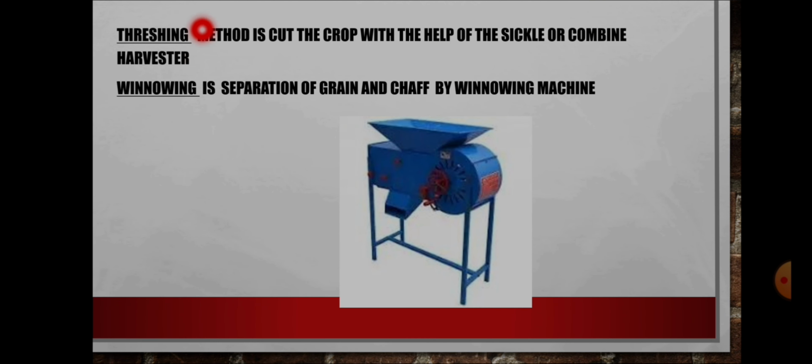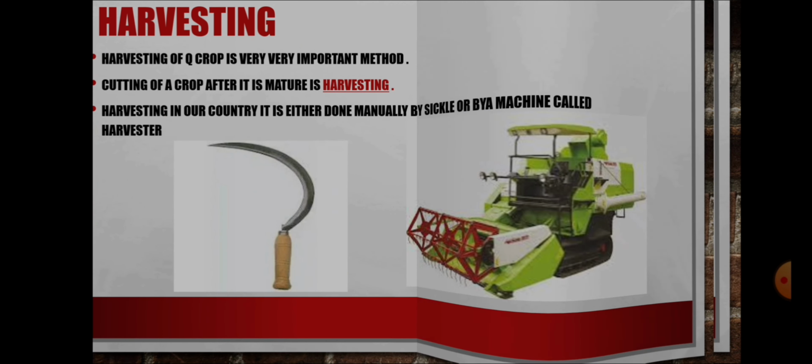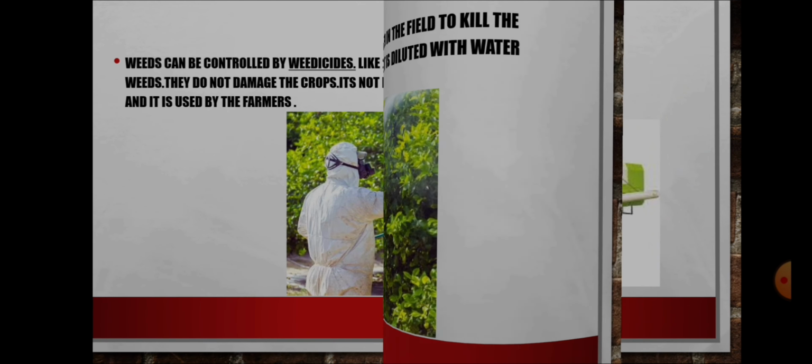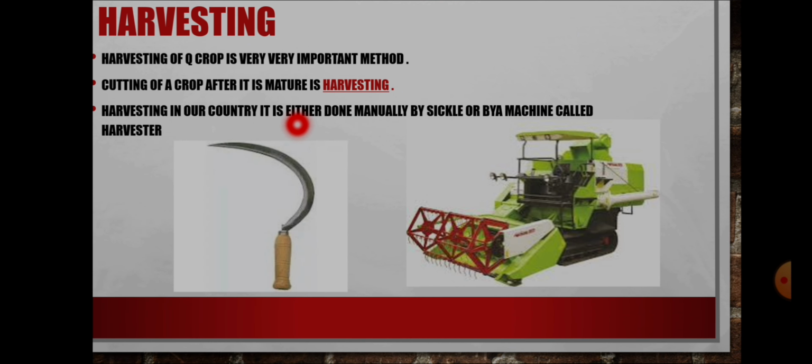Threshing is the method to cut the crop with the help of a sickle or a combine harvester. This is a sickle, and it is used manually. And this is the harvester, the combine machine.